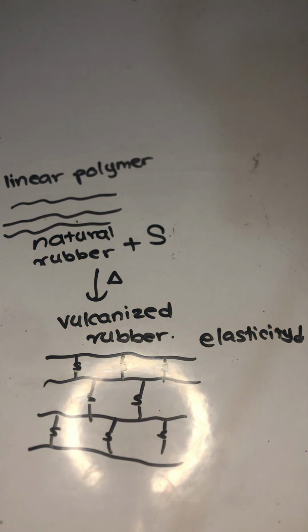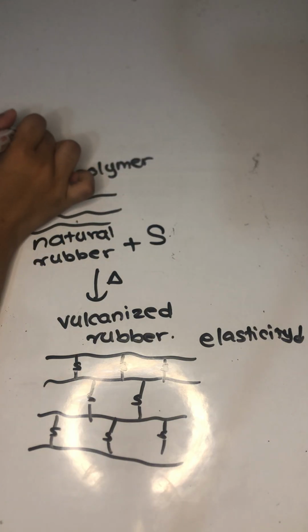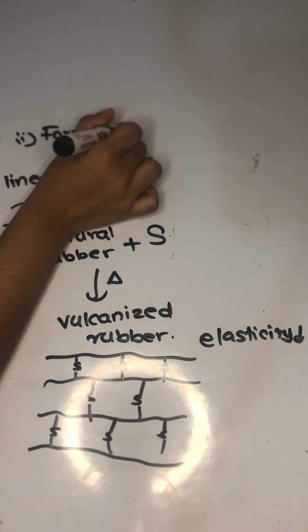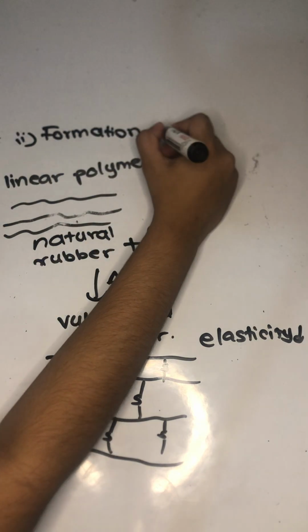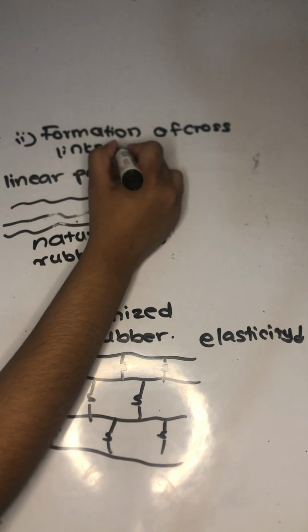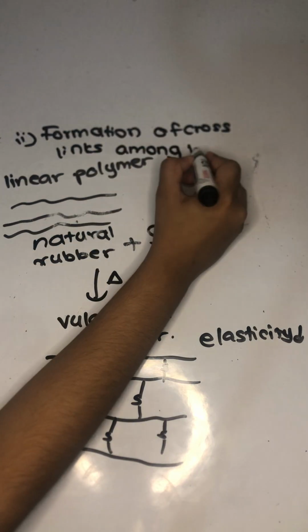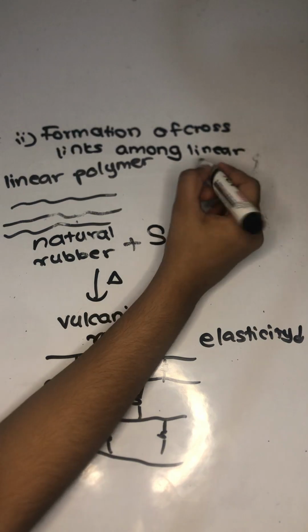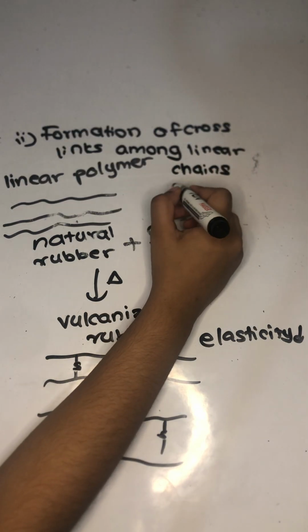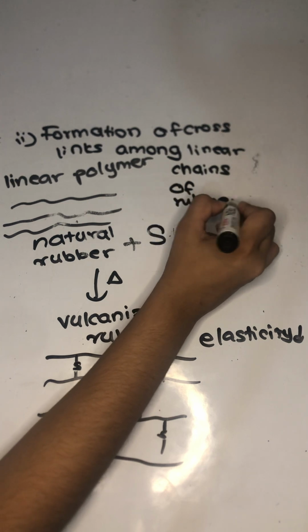So the answer for that question, second part, okay, the answer is formation of crosslinks among linear chains of rubber through sulfur.